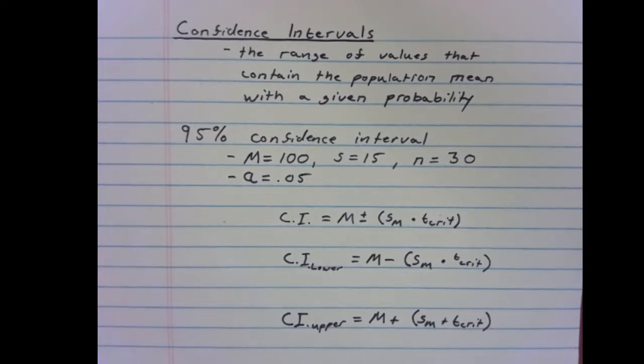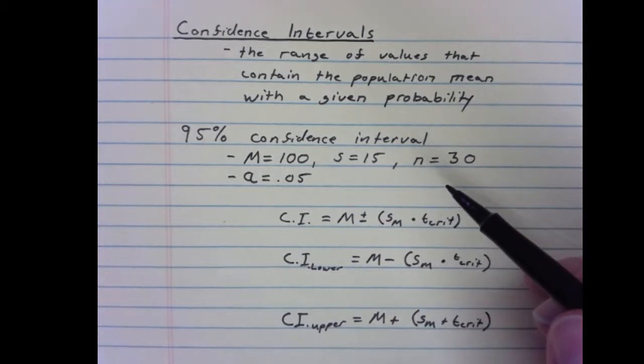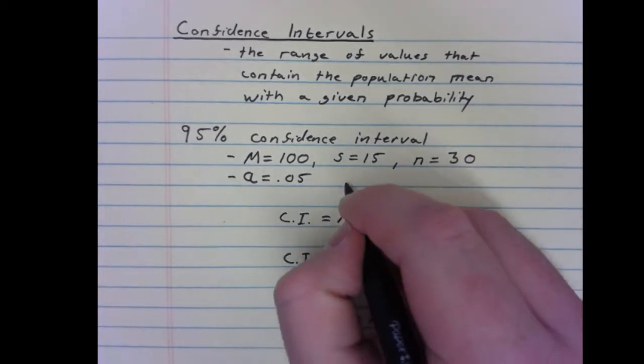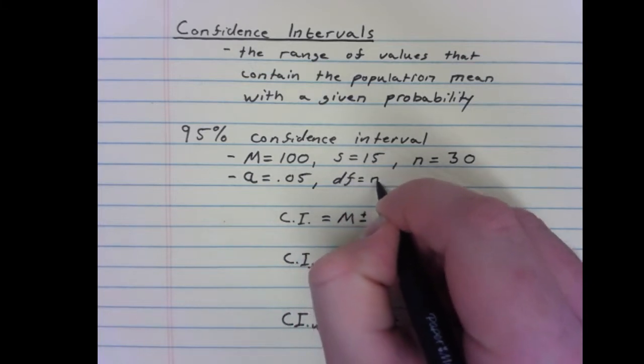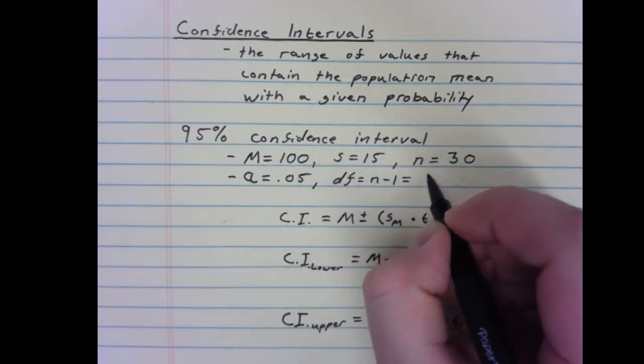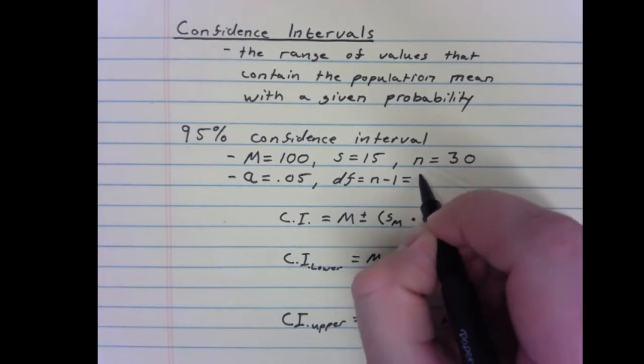So, the thing we're going to need is t-crit. Now, to get t-crit, we need our alpha level. We're also going to need degrees of freedom, which would be the same as a one-sample t-test, where the degrees of freedom is n minus 1, which would get us 30 minus 1, or 29.